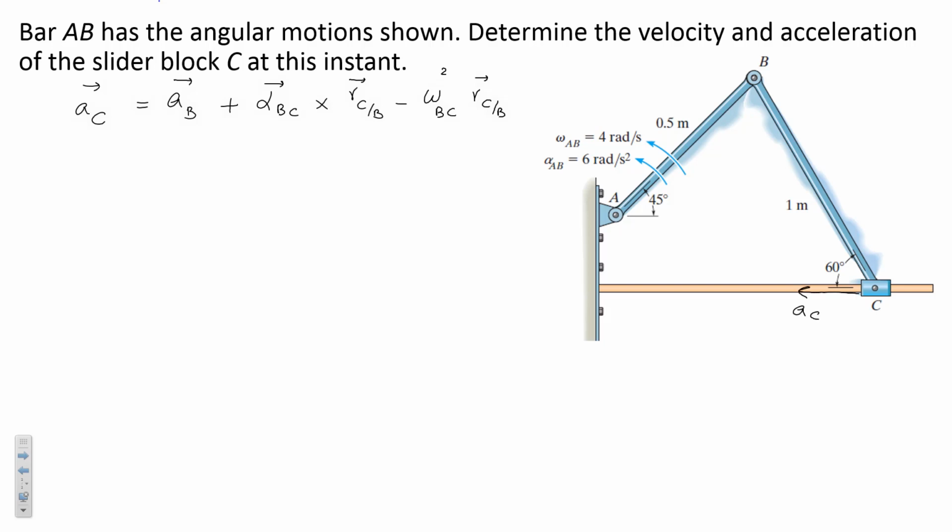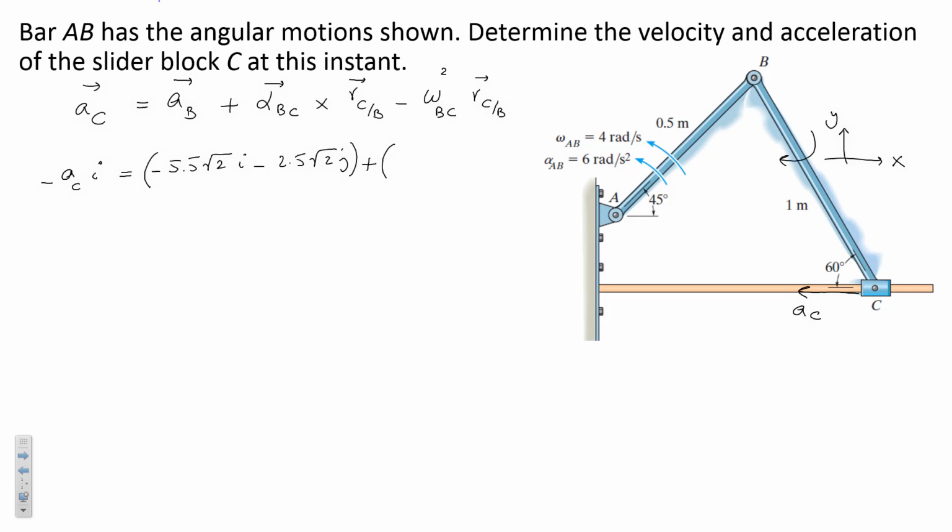AC is to the left direction, so we just have one component in negative i direction. So minus AC i is equal to AB from previous step, minus 5.5 square root of 2 minus 2.5 square root of 2 j, plus alpha BC.